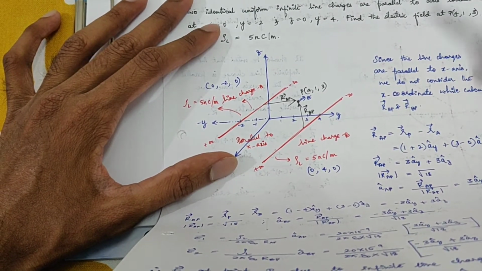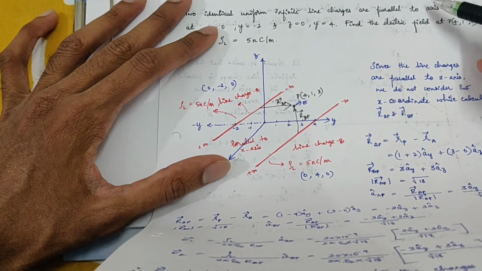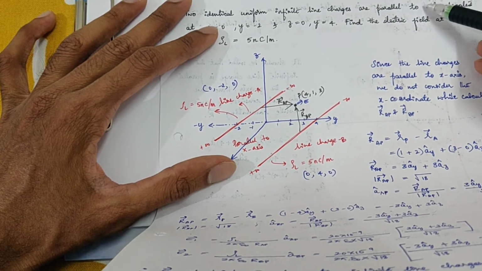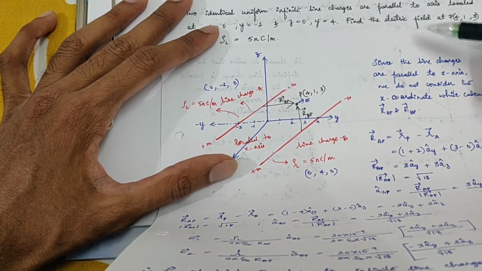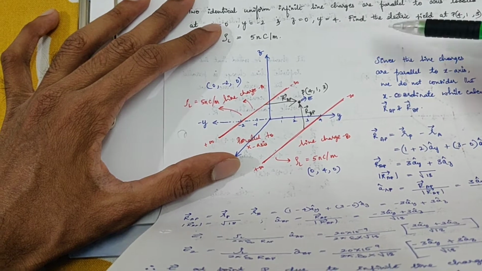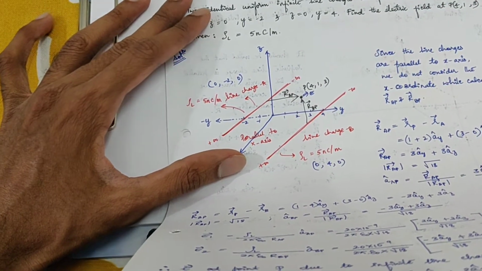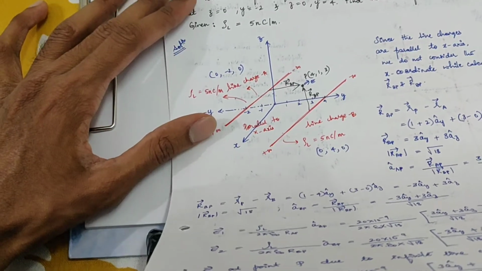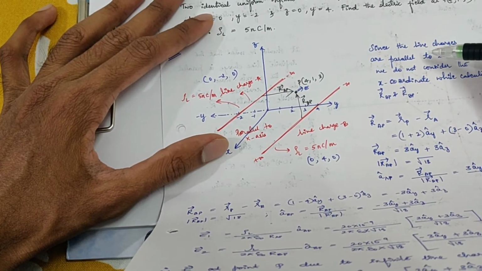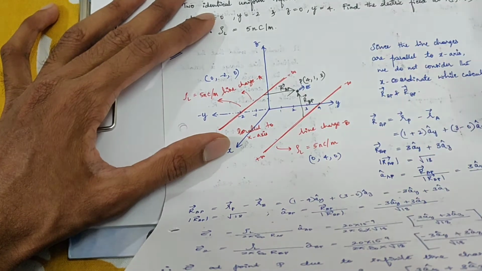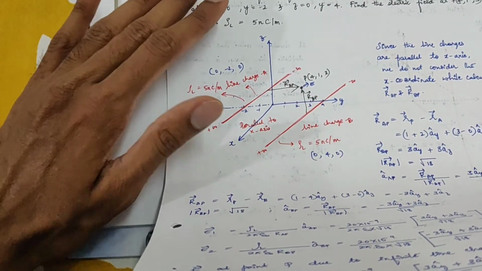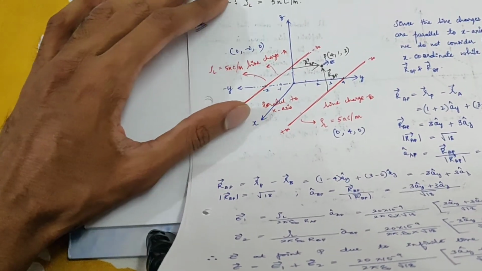It is mentioned in the problem that the x-axis is missing, so please write x here. Since the two infinite line charges are lying parallel to the x-axis, we will be neglecting the x coordinate while calculating the distance vectors, or for whatever calculations we are doing in this problem. I've written the diagram here.